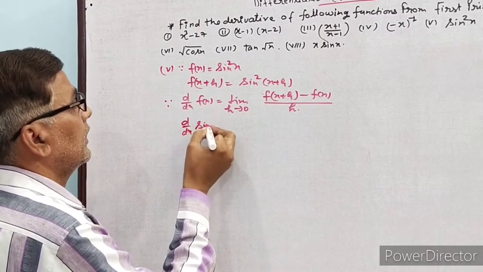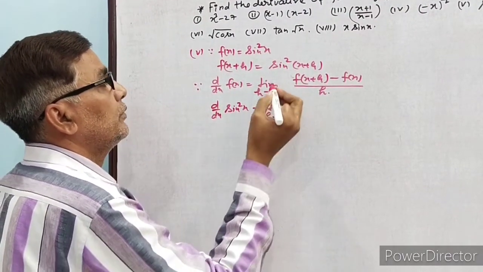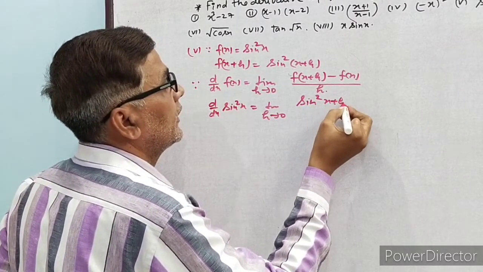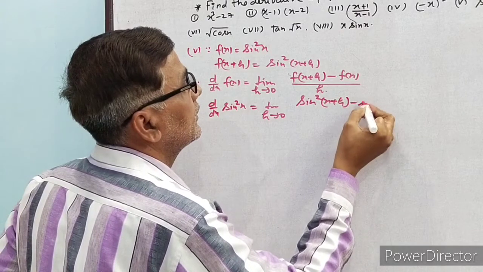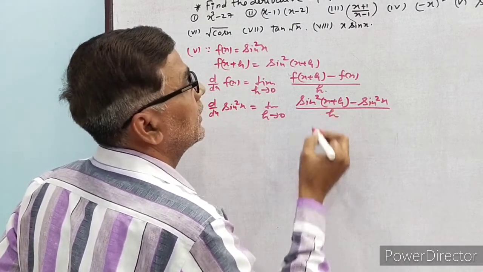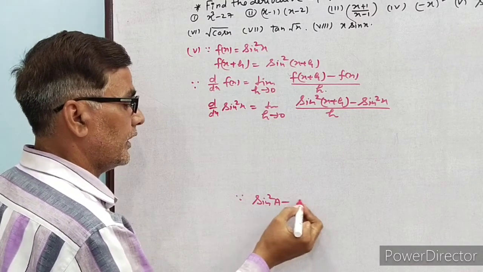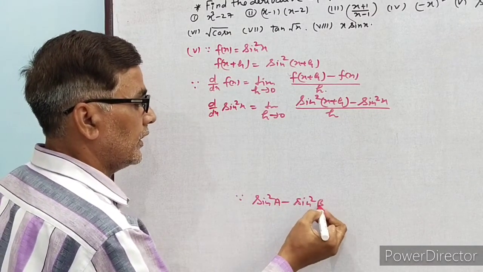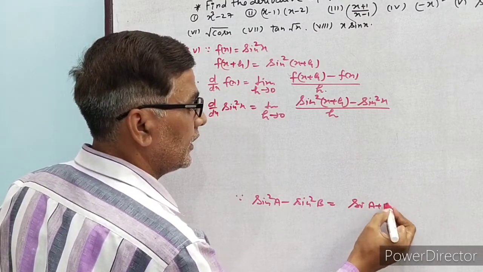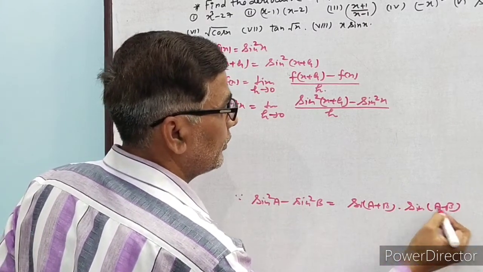We have sine square x is equal to limit h approaches to 0, here sine square (x plus h) minus sine square x upon h. As we know the relation sine square a minus sine square b is equal to sine (a plus b) into sine (a minus b).